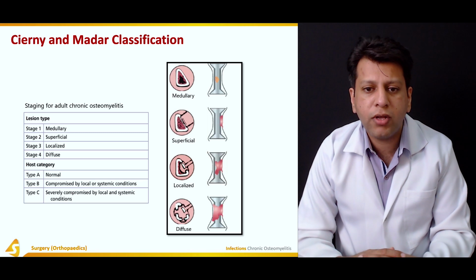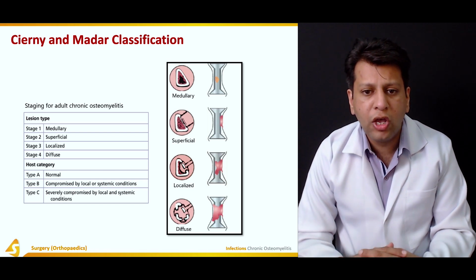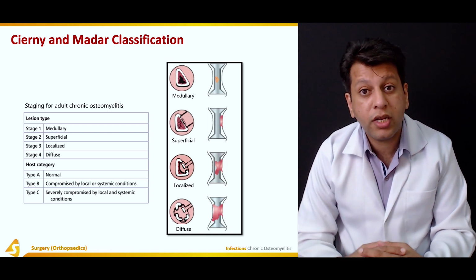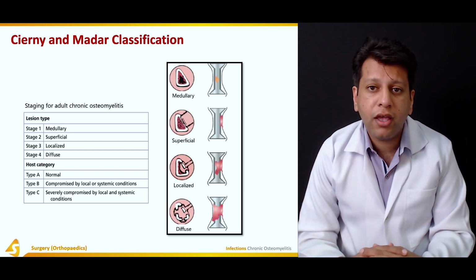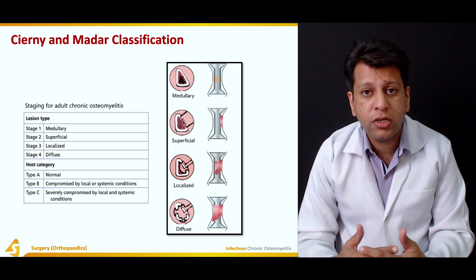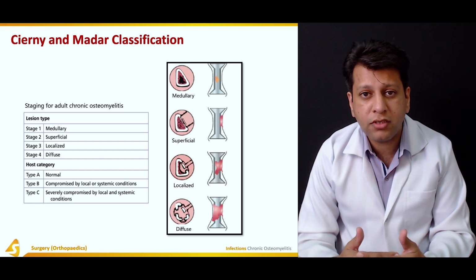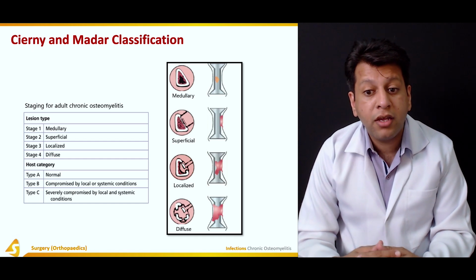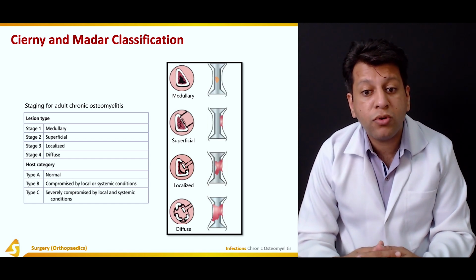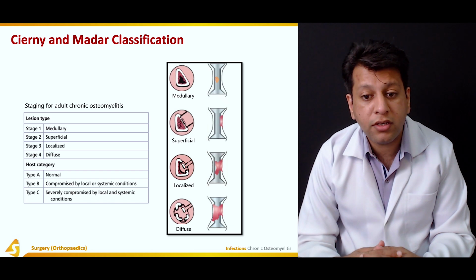Now, if you see it over here, staging for adult chronic osteomyelitis, they've divided into two categories. One is the lesion type, what kind of lesion is present, and then what type of host is present. If a host is a normal host, with no immunodeficiencies, then it is called type A. For example, this is a type of host compromised by local or systemic conditions.